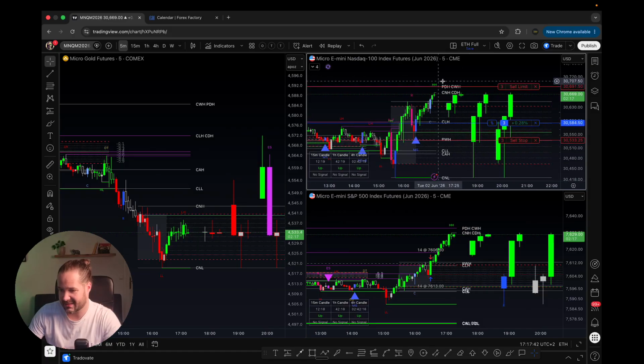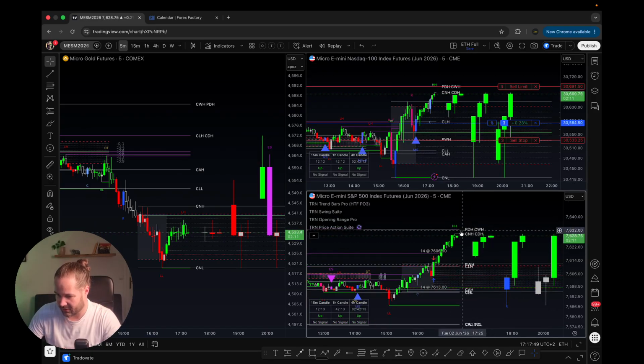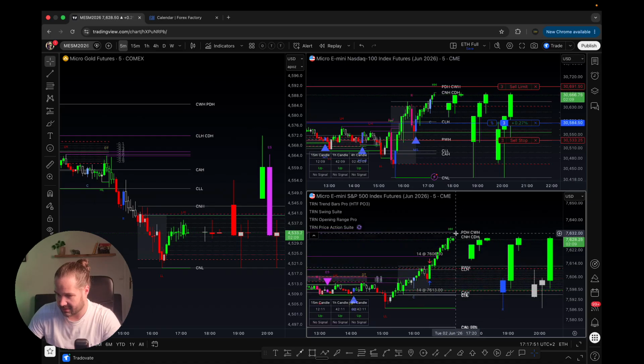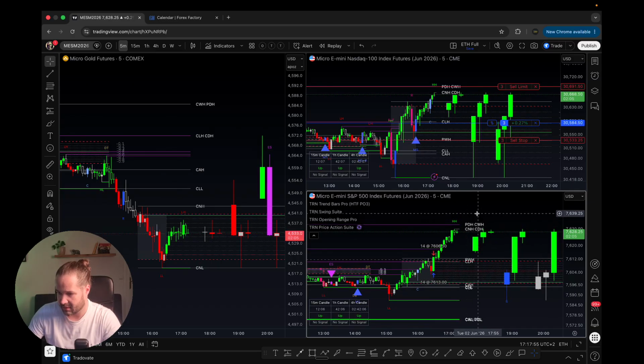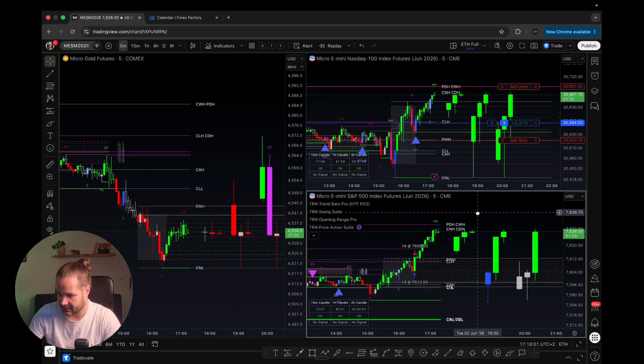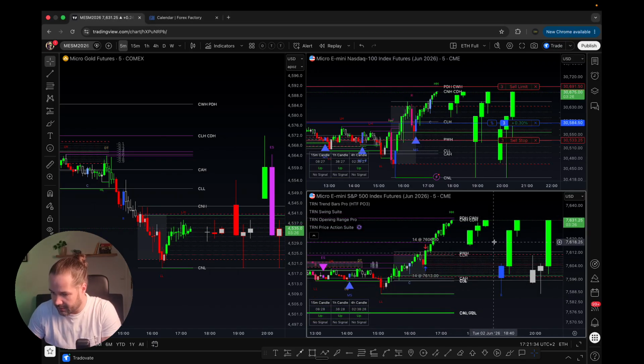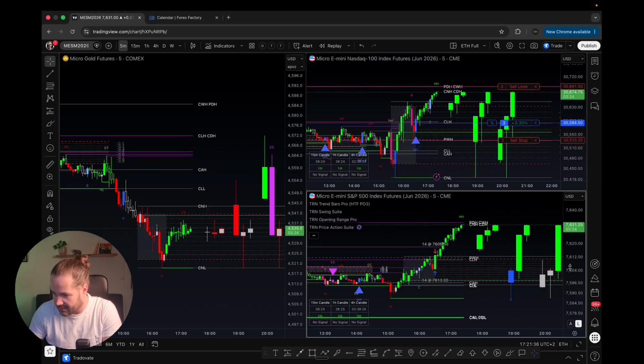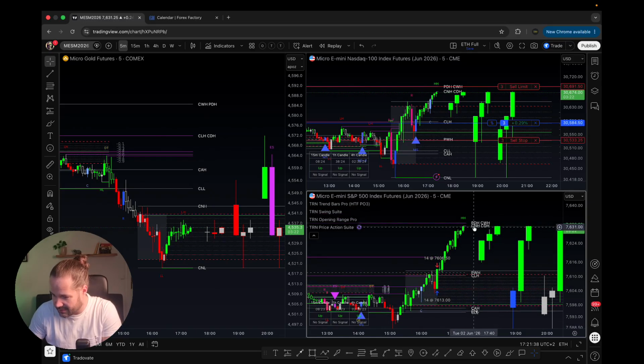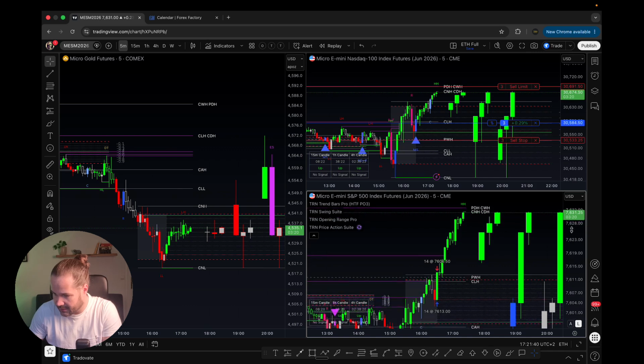Because the liquidity sits here, so it's, yeah. So maybe ES will make the move first. It's even a bit closer than NQ. But one of them, I think, will definitely do this. Let's see. Okay. ES is very close to the previous day high.